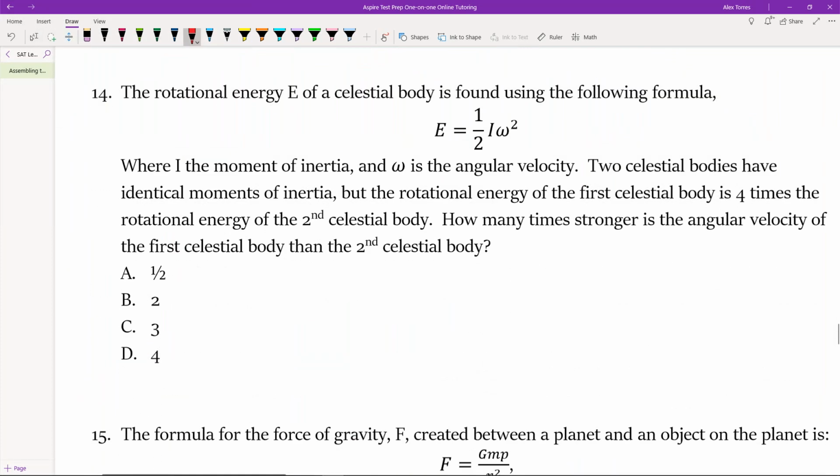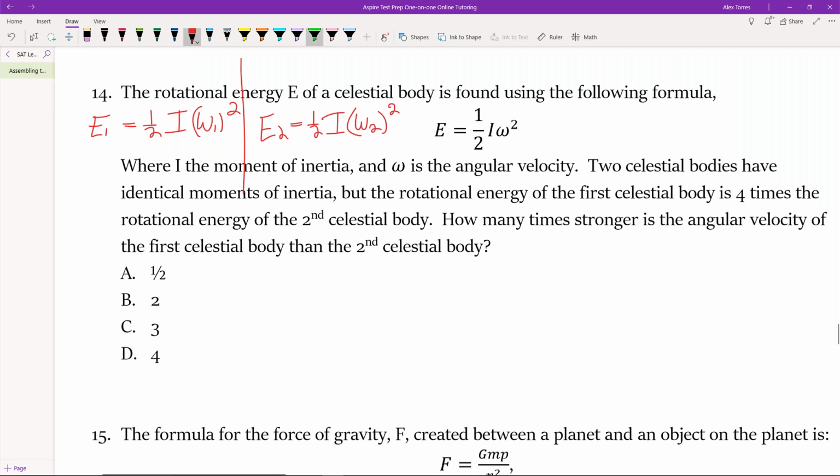we have two celestial bodies. The rotational energy of one is 4 times the rotational energy of the second. So you have the energy of the first, which is 1/2 I W1 squared. They have identical moments of inertia, but the W's for them are different. And for the next one, we'll say E2 is 1/2 I W2 squared.